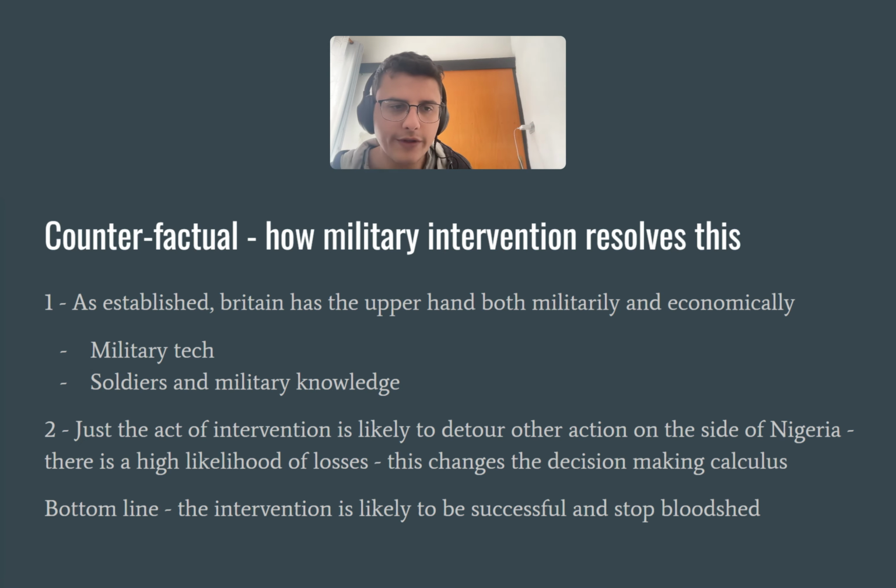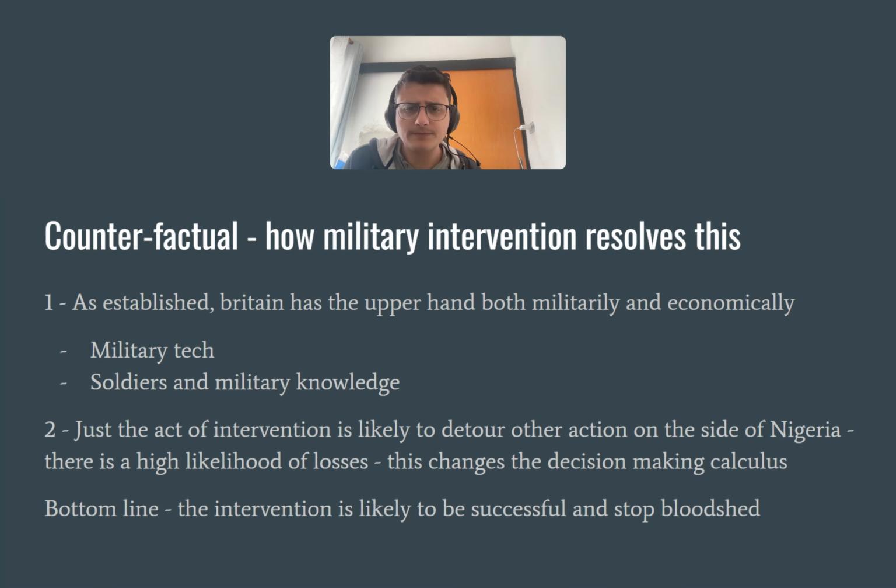Then the second thing that you could add as a mechanism is to say that the act of the intervention is likely to deter action on the side of Nigeria. Why? Because when Britain intervenes, especially in the first few days, they're fighting back your soldiers, destroying your supply lines, and you're facing maybe bombings from airplanes.